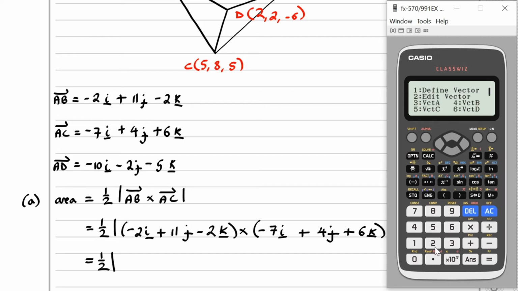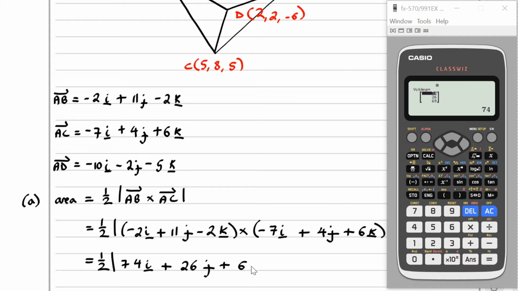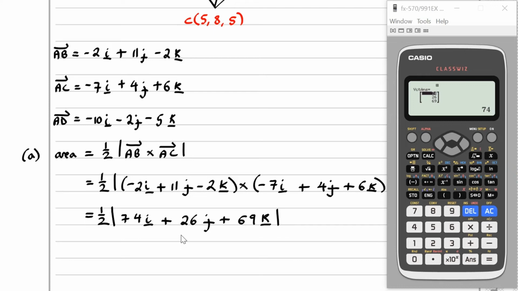So multiplying those together, we have vector A multiplied by vector B. It turns out we get 74i plus 26j plus 69k. So we have 1/2 multiplied by 74 squared plus 26 squared plus 69 squared, and then square root this.